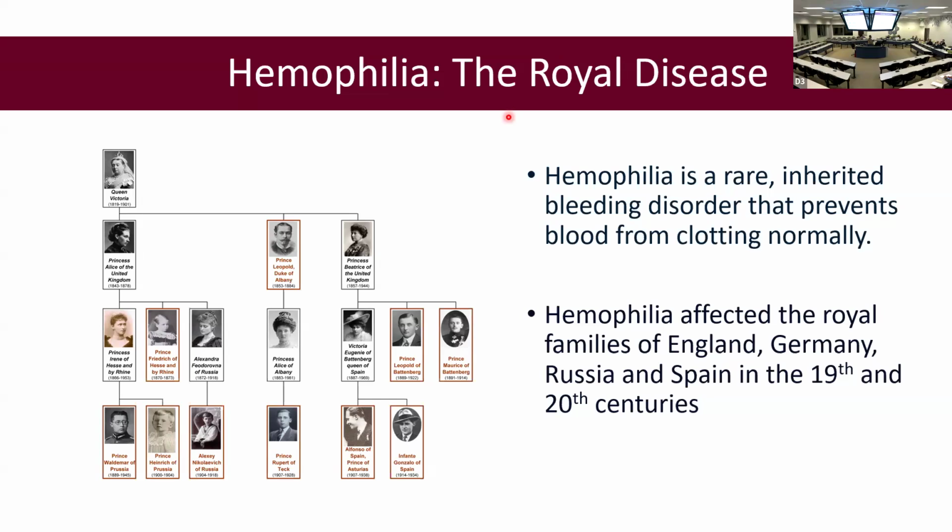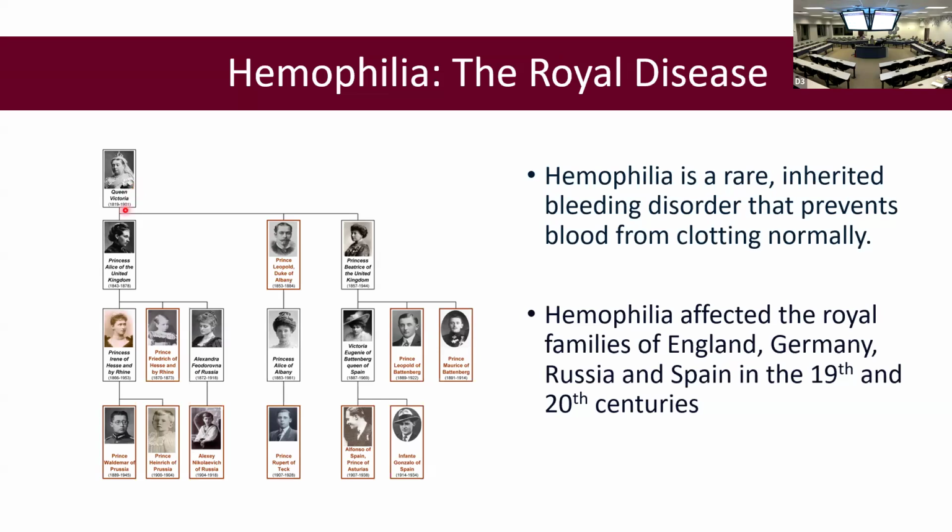And what happened is that Queen Victoria, now we know by tracing back, had this rare genetic disease called hemophilia, which is an inherited bleeding disorder that prevents blood from clotting normally, meaning you bleed out. You don't form clots.